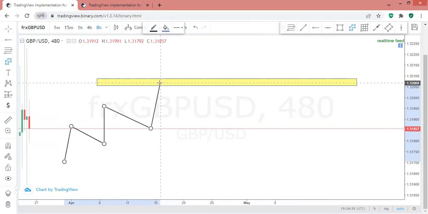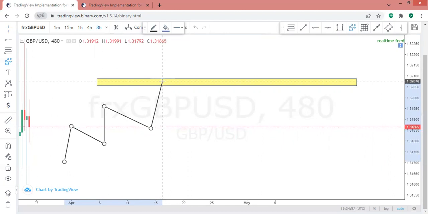What do I do? I switch to 15 minutes time frame. It depends on the pair I'm actually trading, or how far I actually want to take my TP to. But basically, I switch to 15 minutes time frame.